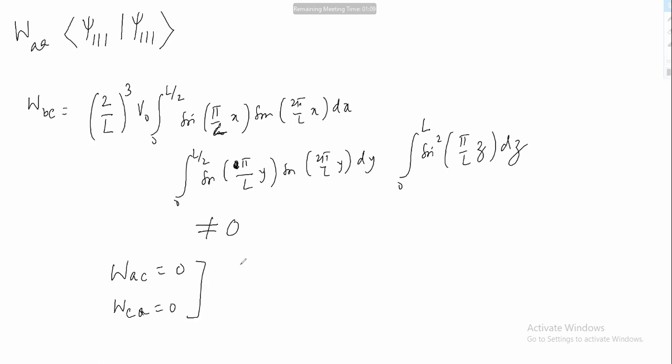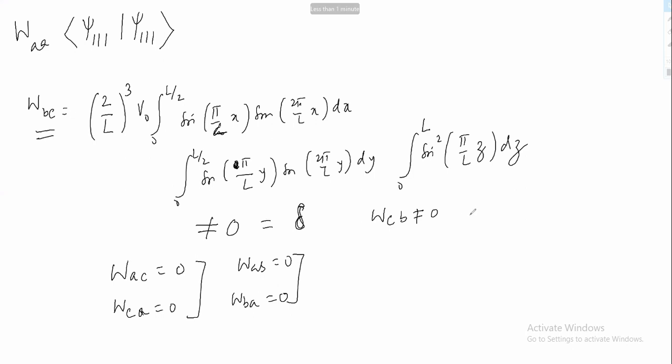If WAB is 0, that would imply that WBA will also be 0. And therefore, since WBC is non-zero, that means WCB will also be non-zero. I am not evaluating this; I am calling this some constant, say delta.